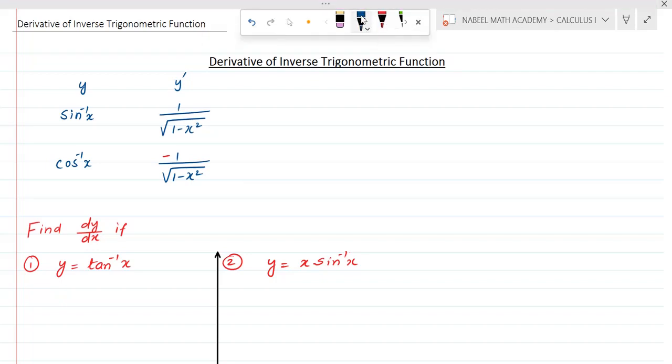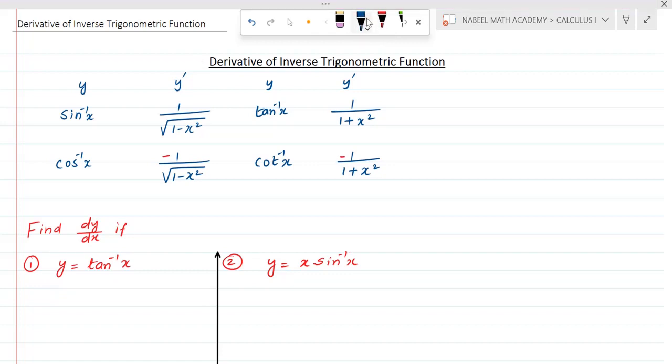The next one is tan inverse x, and I write its derivative as 1 over 1 plus x square. Similarly, cotan inverse is 1 over 1 plus x square with the negative sign. This is the only difference.